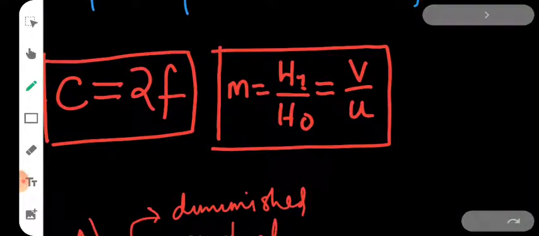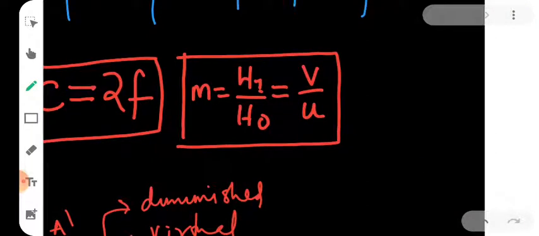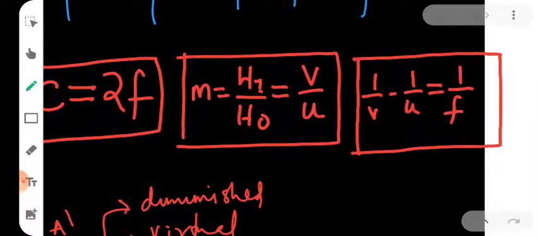And there is one more formula, your lens formula, and it goes by 1 by v minus 1 by u is equal to 1 by f. See, now you may understand why I asked you to put 1 by v first and then 1 by u second.